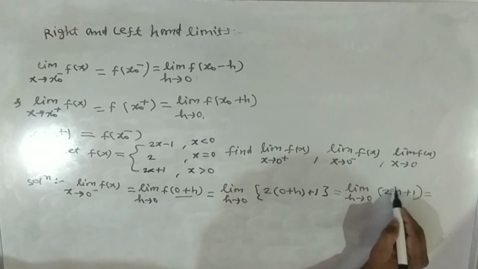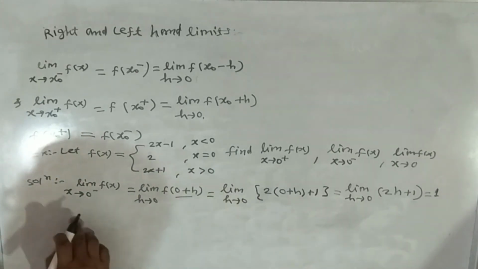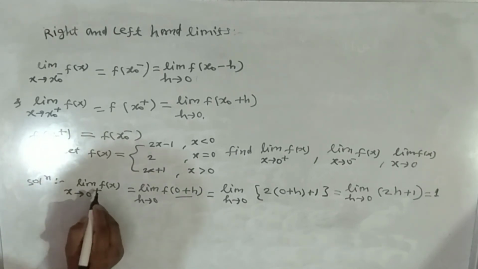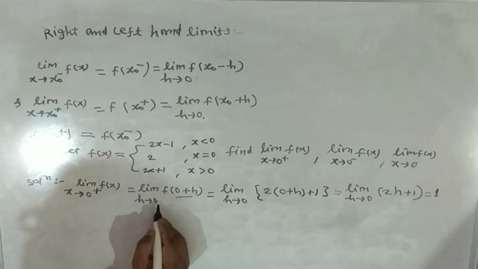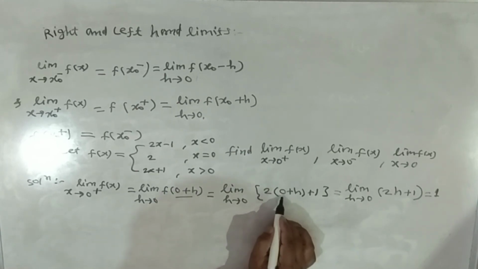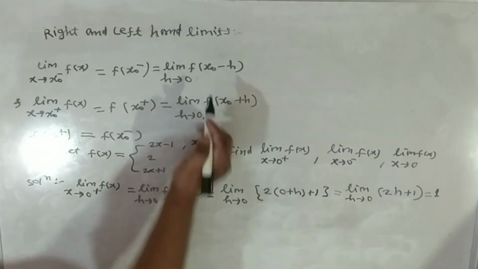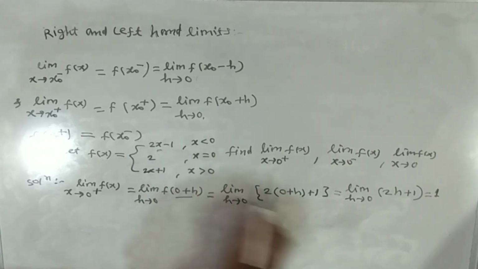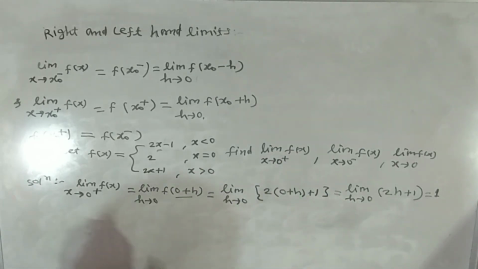Since h is 0, this will be 0 and this will be 1. So the right hand limit is equal to 1.